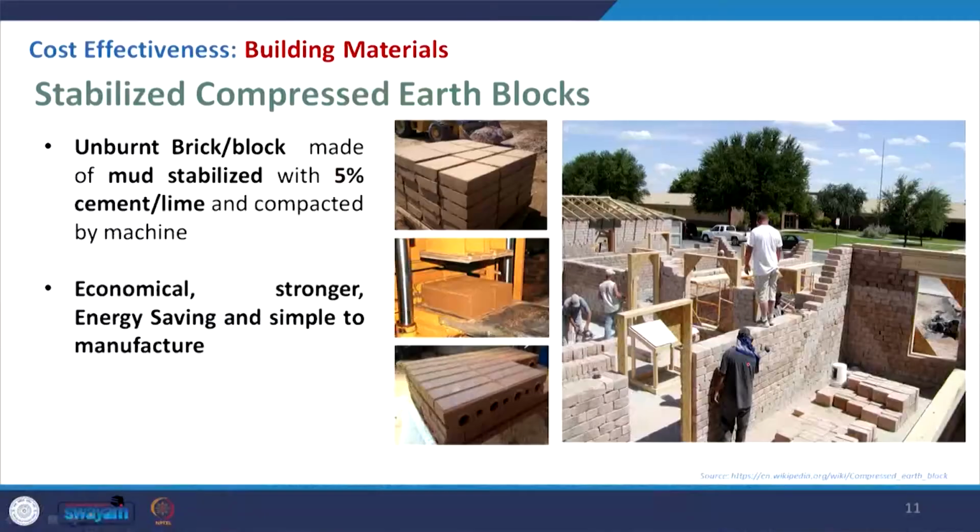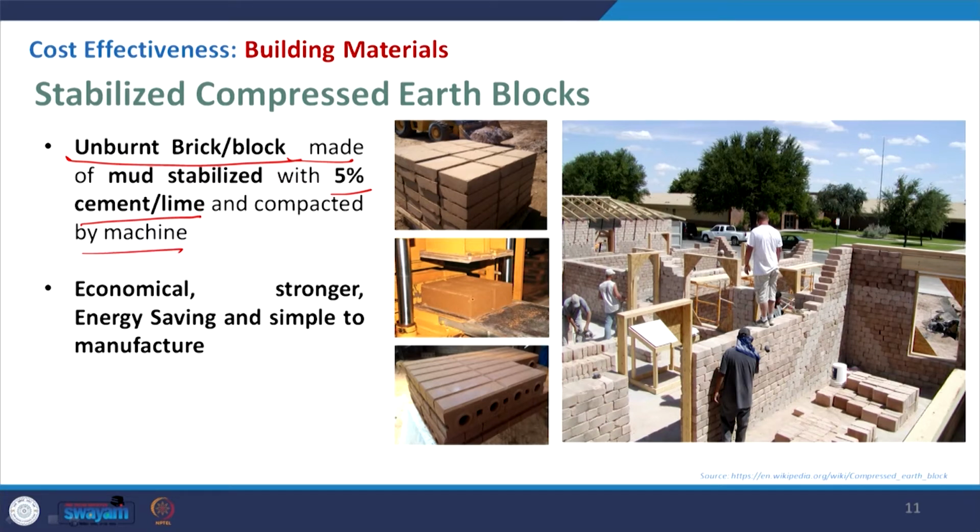So, coming to the stabilized compressed earth blocks, this is basically unburnt. So, there is no energy required to burn it. This is the brick where the mud is used extensively, with some variation, 5 to 10%, of cement or lime as an adhesive, and that has been compressed with some machine.